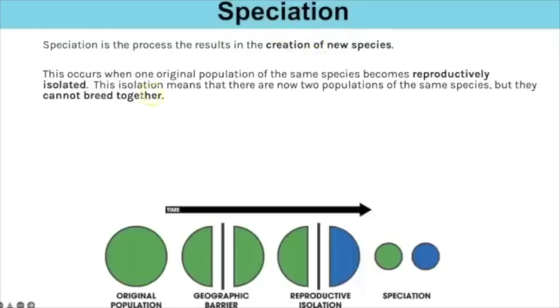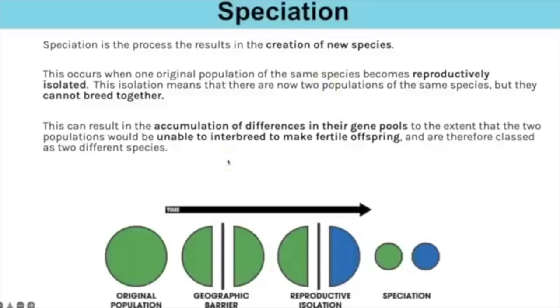And this occurs when one original population of the same species becomes reproductively isolated. And that isolation means that there are now two populations of the same species, but they will not breed together. So that can result in the accumulation of differences in their gene pools to the extent that those two populations would be unable to interbreed and make fertile offspring if they were then able to reproduce.